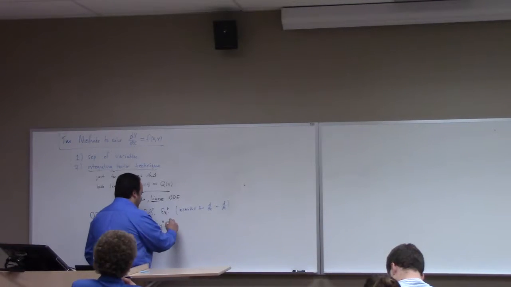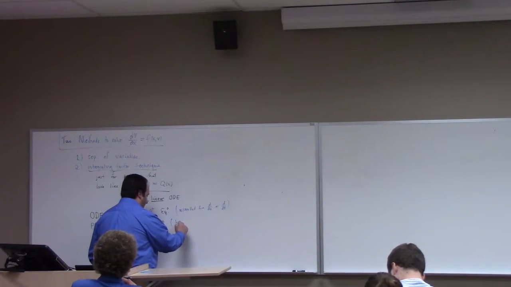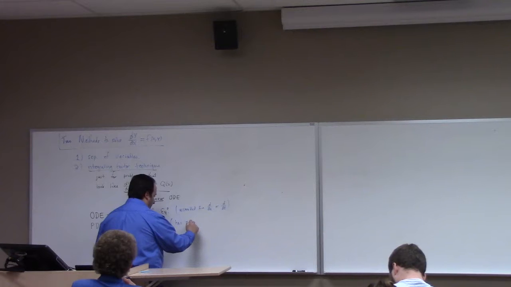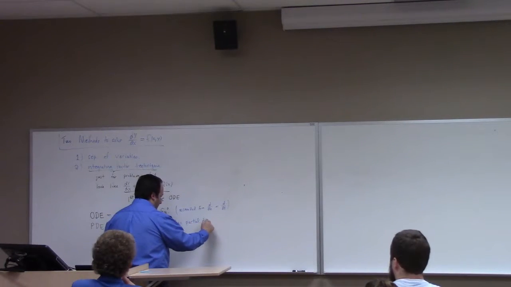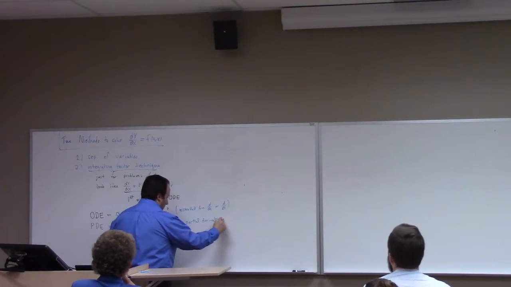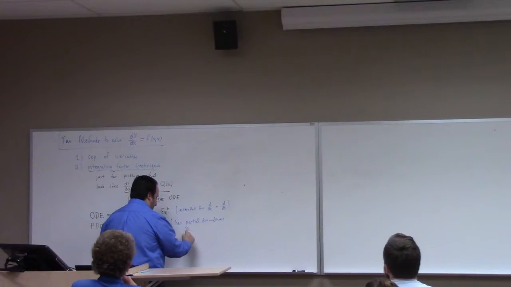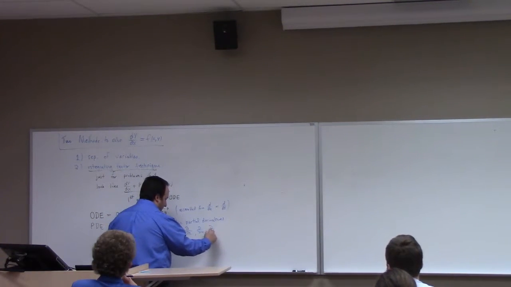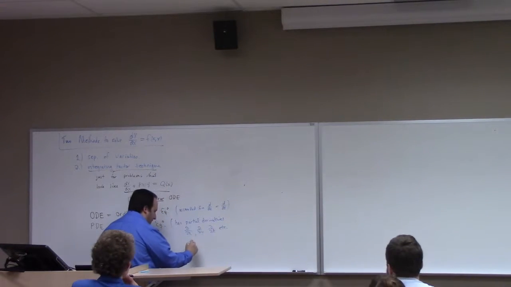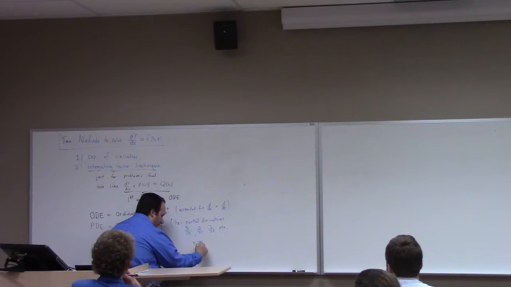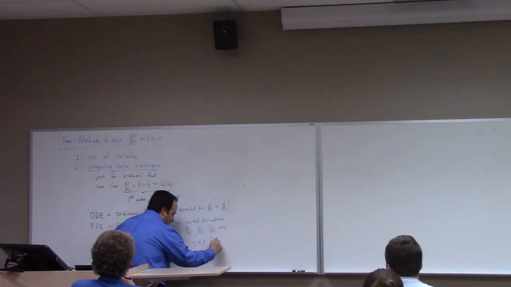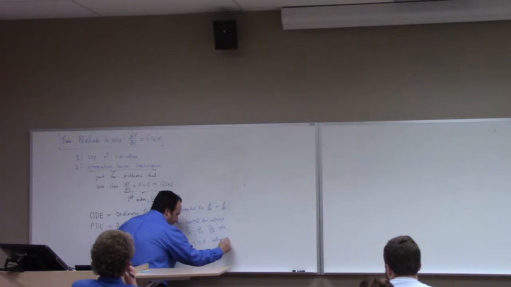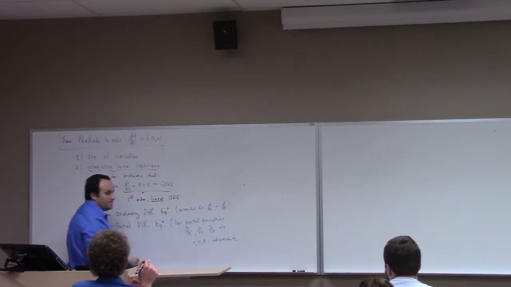In contrast, a partial differential equation has partial derivatives, which you'll learn about next semester, like partial x, partial y, partial t, etc. What that means is that x, y, and t are independent; you can have more than one independent variable.